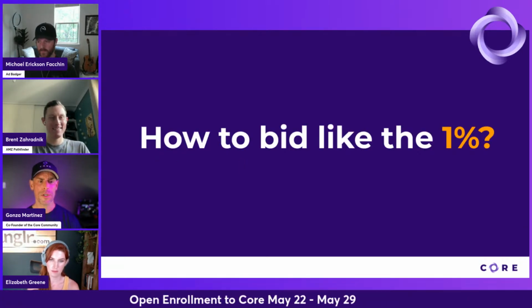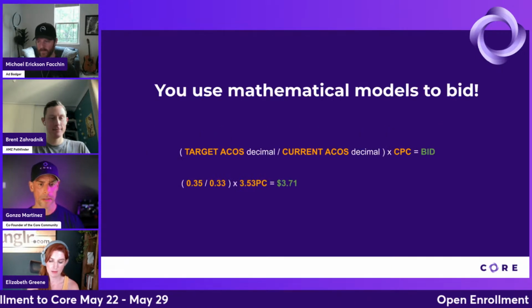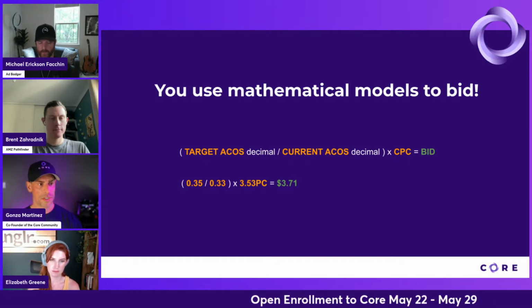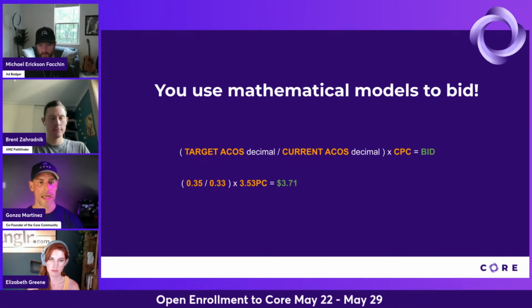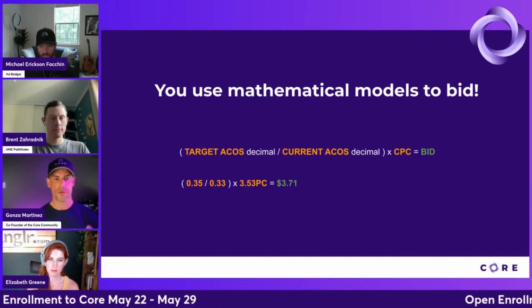So how do you bid like the 1%? How do you apply this mathematical model? Well, there are many. I learned one from Mike, actually, which is the revenue per click model. It prompts me to do another set of math. So I use this one.